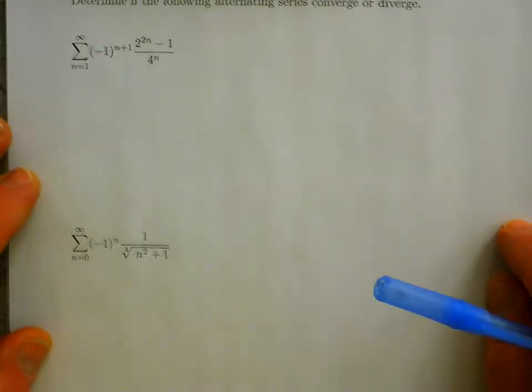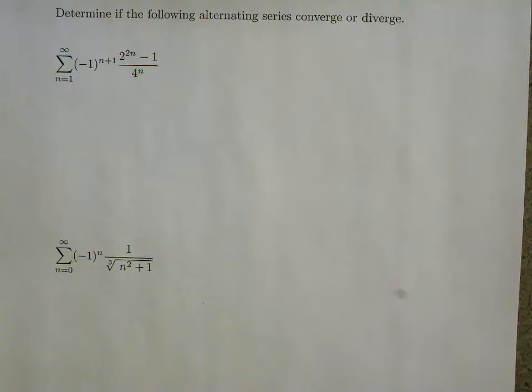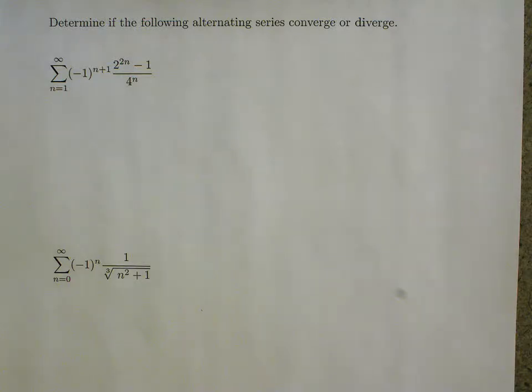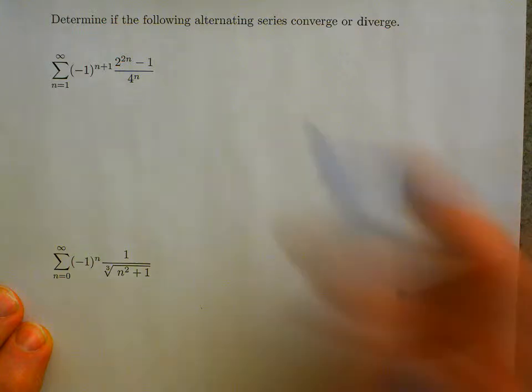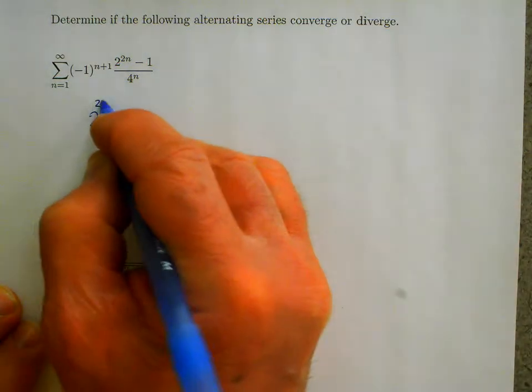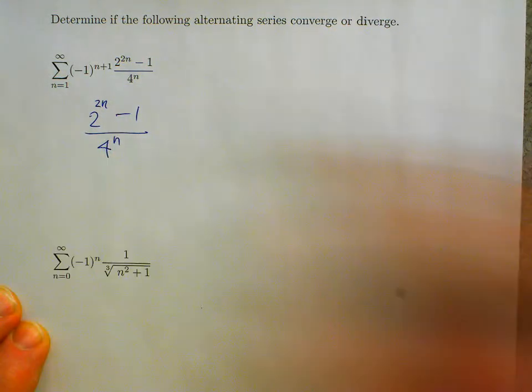Well, we have a couple of minutes left. We can at least get started on this next one. We have another alternating series. So notice that the terms are 2 to the 2n minus 1 over 4 to the n.